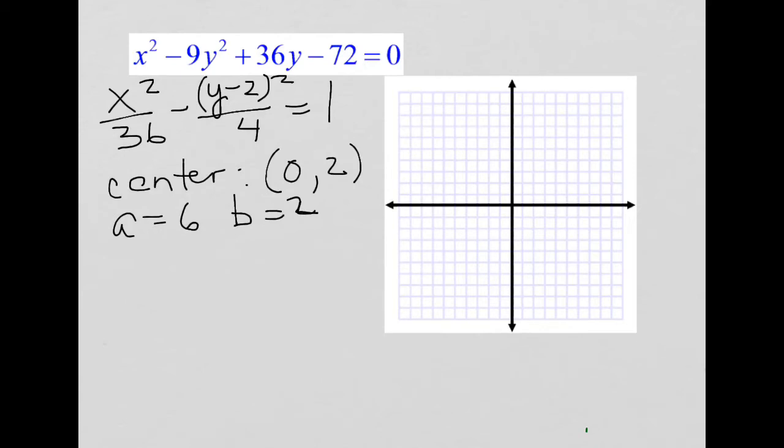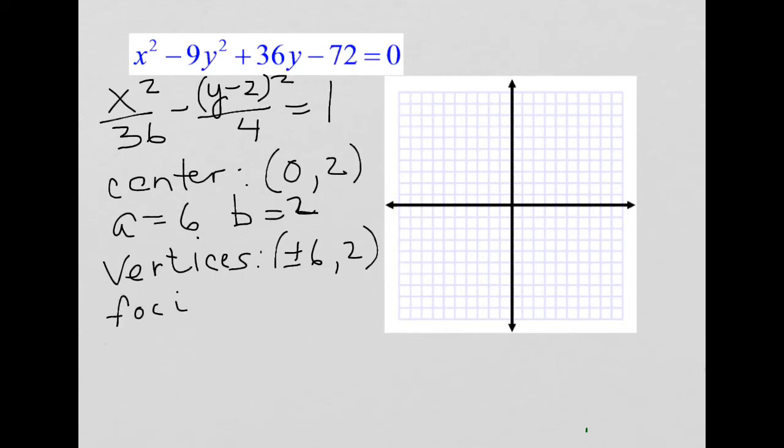Our vertices are changing on the x because this is a horizontal hyperbola, so that's going to be plus or minus 6, comma 2.